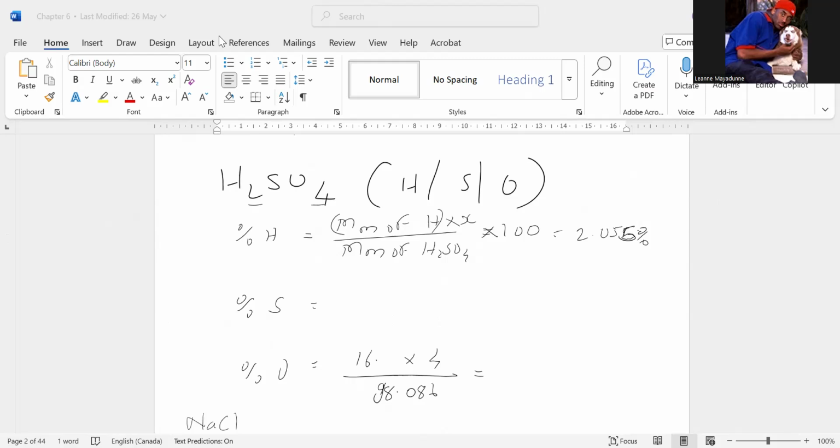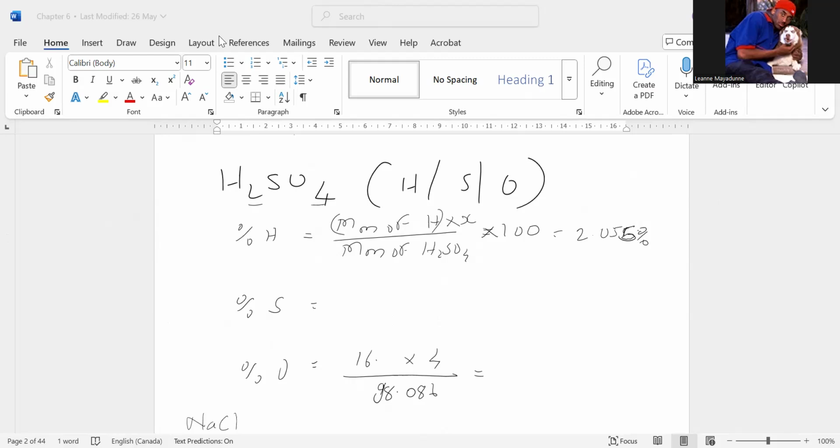For H2SO4, for hydrogen I got 1 times 2 equals 2. Sulfur, 32 times 1, which is 32. And oxygen, 4 times 16, which is 64. Altogether it has 98 grams. For hydrogen, I did 2 divided by 98 times 100, which is 2.